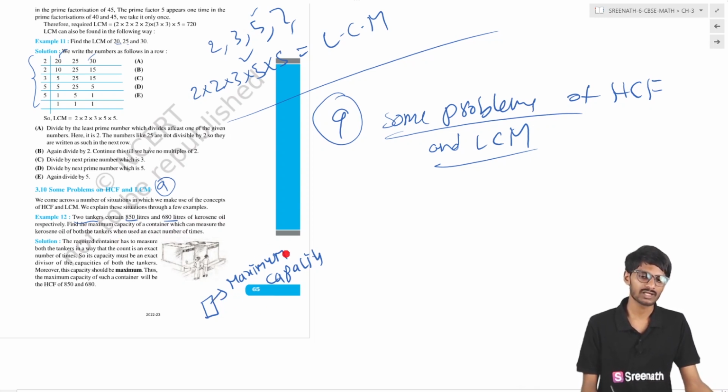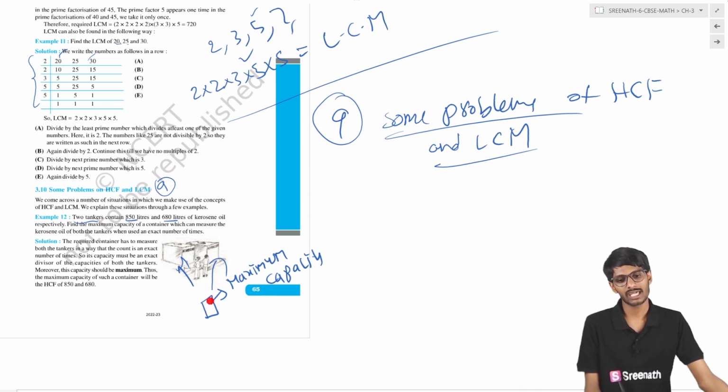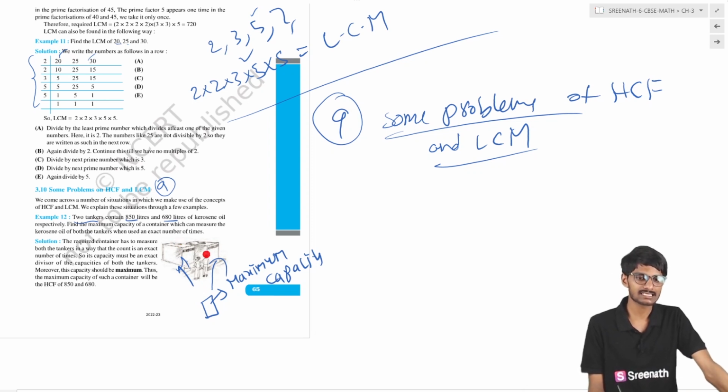With the help of this maximum capacity of the container, we can measure this tank and this tank's oil capacity, okay, students. So with the help of this container, we can measure this tank and this tank also, when used an exact number of times.